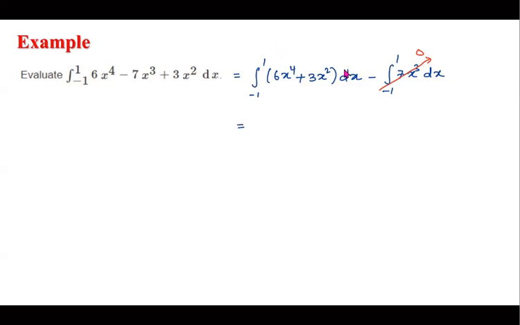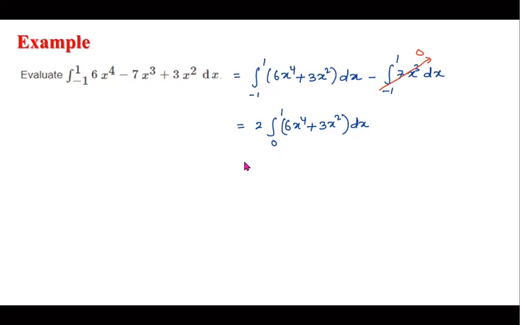For the even function, if you are evaluating from -1 up to 1, there is a theorem. If we are integrating the even function from -a up to a, it will be double the area from 0 up to a. So in this case, 0 up to 1 of 6x to the 4 plus 3x squared dx. So instead of integrating from -1 to 1, you can integrate from 0 through 1 and multiply it by 2. That is by the property of the even function.